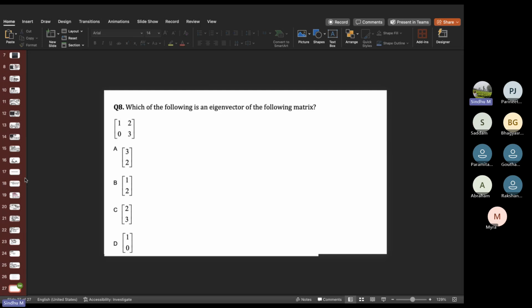You can use the definition of eigenvector, which is A into V bar is equal to lambda into V bar. This A here is the matrix which has been given, and in this V you have to substitute the options.